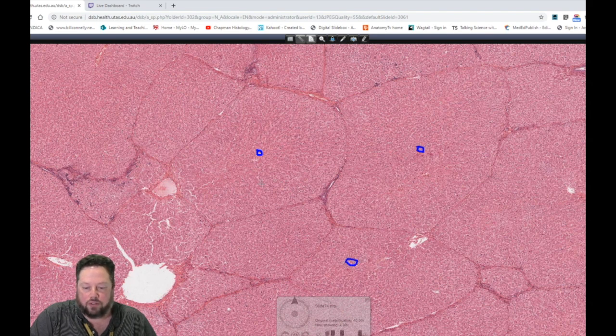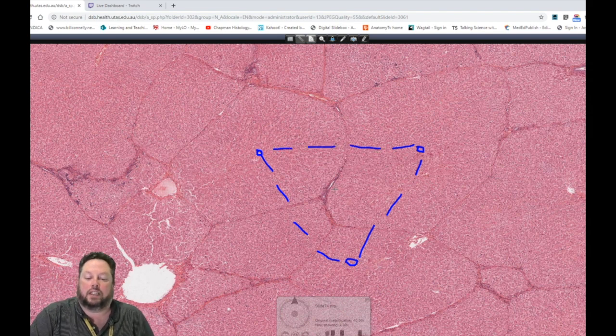We'll do a rough diagram here, where you connect the central veins like this. And you can see that the center of attention here is one of these portal regions. So all of the cells within this region are creating bile, and the bile that's being produced within these regions is flowing back to the bile ducts within this region.